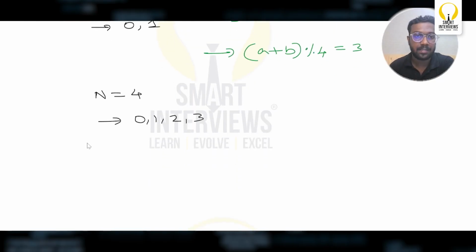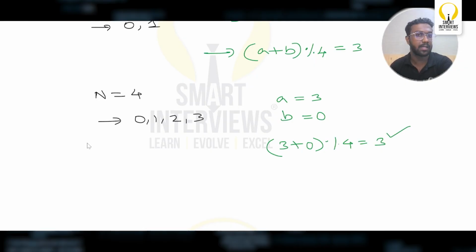Let's say Alice picks 3 here and calls it A. Which integer should Bob pick such that the A plus B mod 4 equals 3 condition is satisfied? There's no other option except 0. Bob will choose the integer 0 such that 3 plus 0 mod 4, that is 3 mod 4, will be 3. This condition will be satisfied.